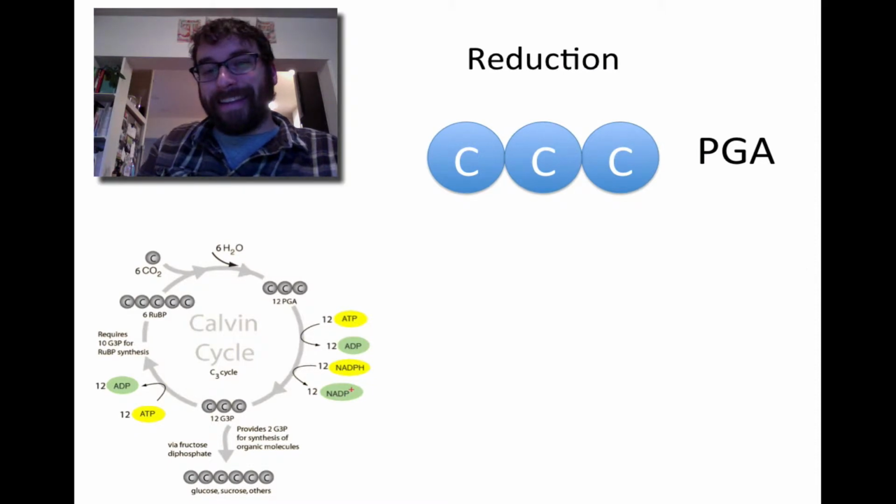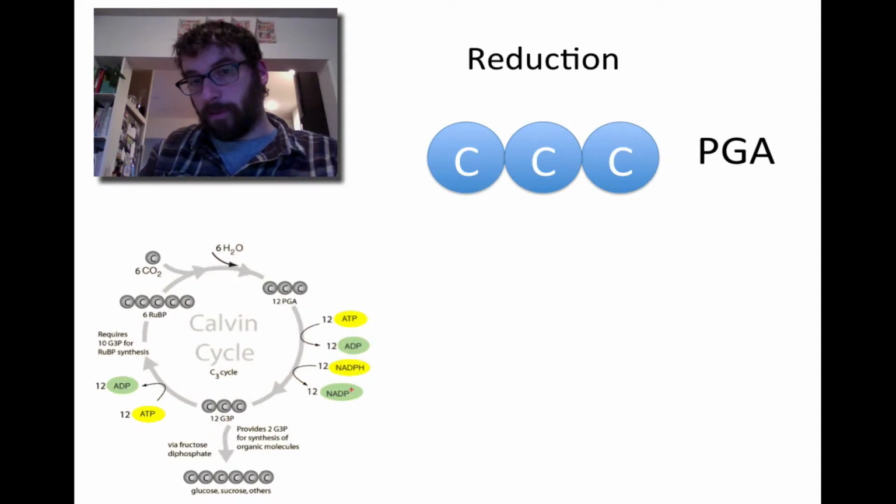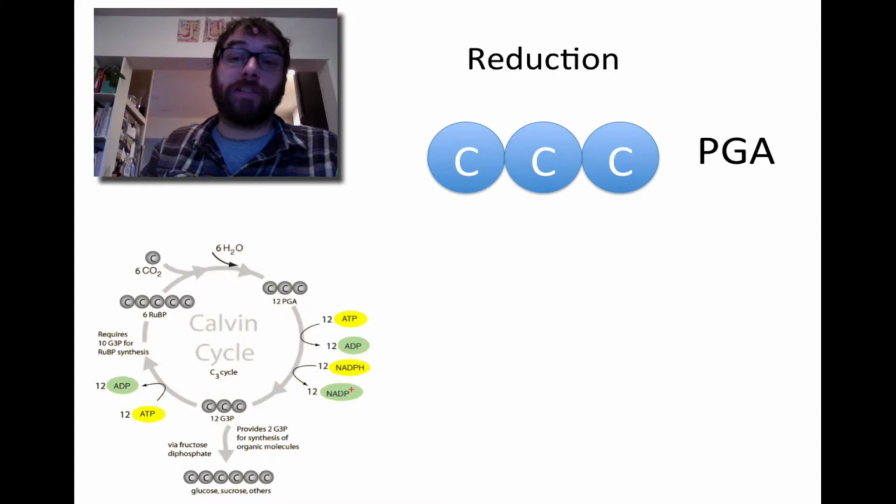The second stage is reduction. Now, in chemistry, reduction describes a type of reaction in which a molecule gains electrons. And usually in the process of gaining those electrons, chemical bonds are formed or changed in some way.